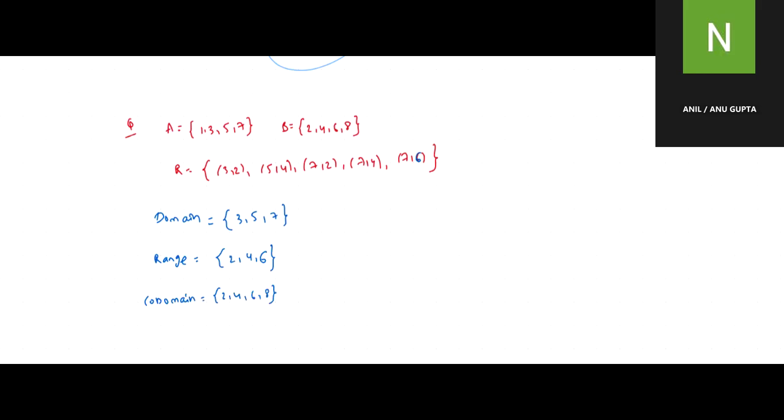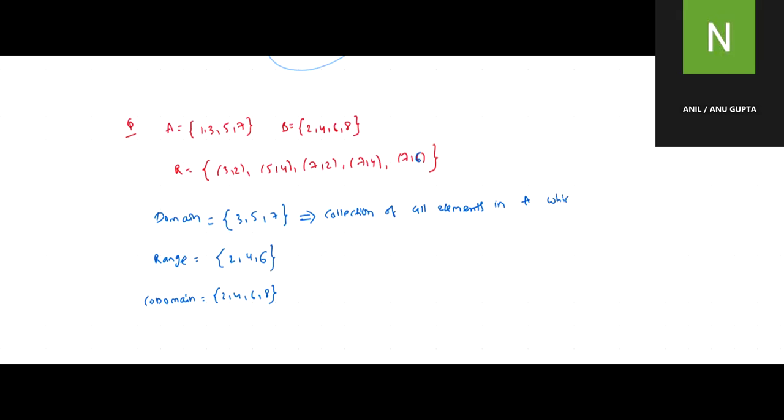Now, so how do you define domain then? Domain is the set of all, basically collection of all elements in A which has an image in B. Yes.